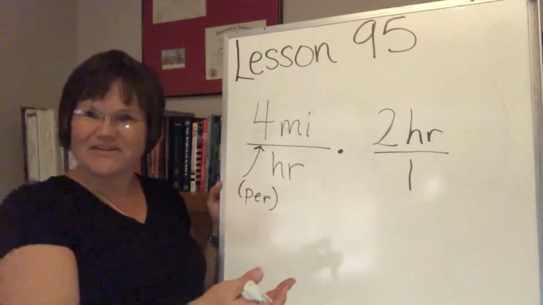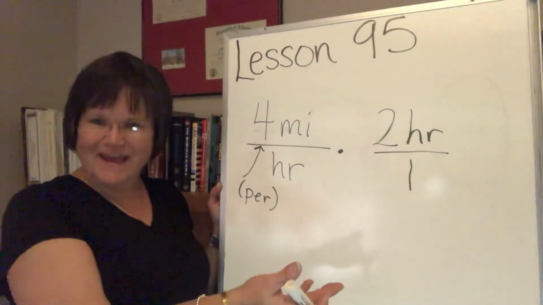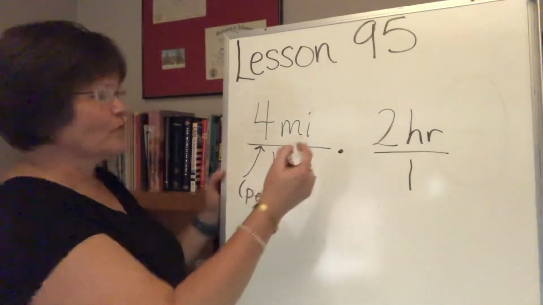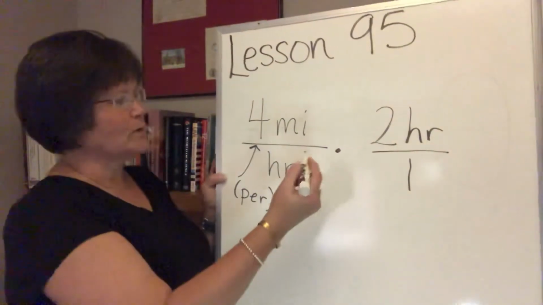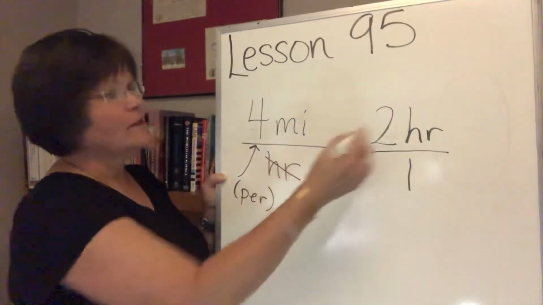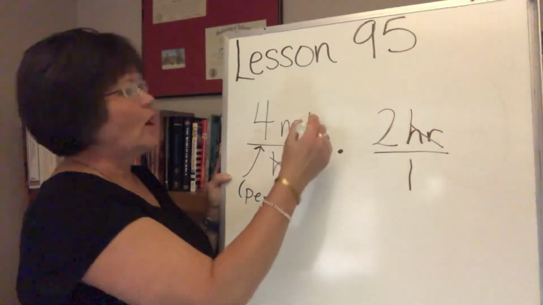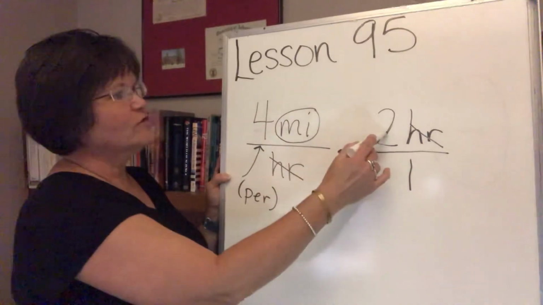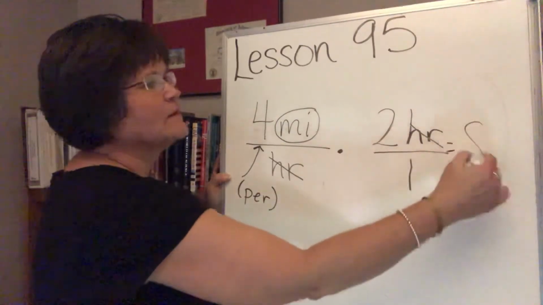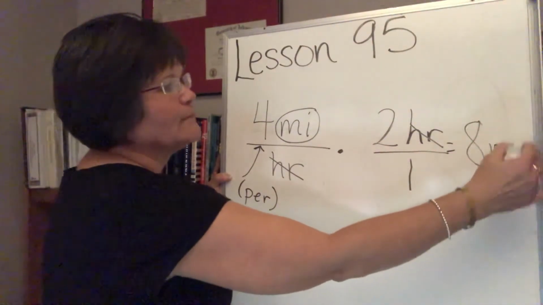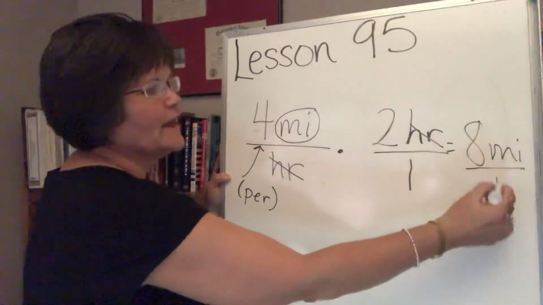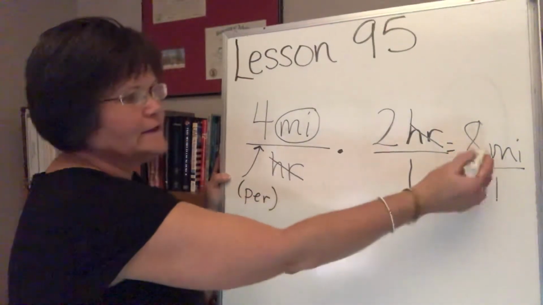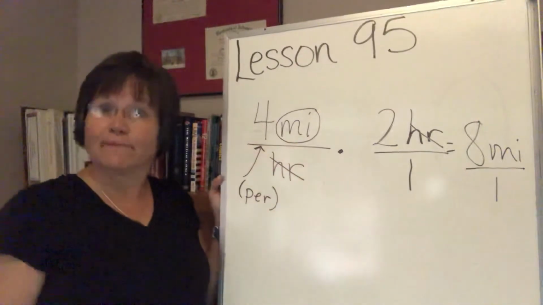I know that many of you are saying you know the answer is 8, and you would be correct. The way that we would work that problem is we would cross-cancel the units so that all we are left with is the miles. So 4 times 2, of course, is 8. And we would be left with 8 miles, because we know that any number over 1 is that number. So the answer is 8 miles.